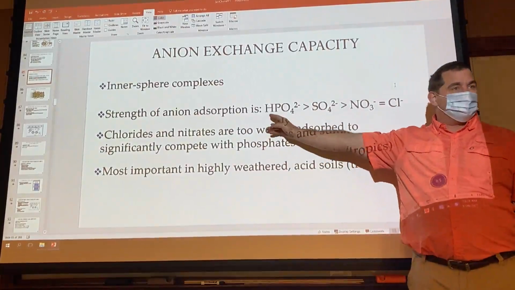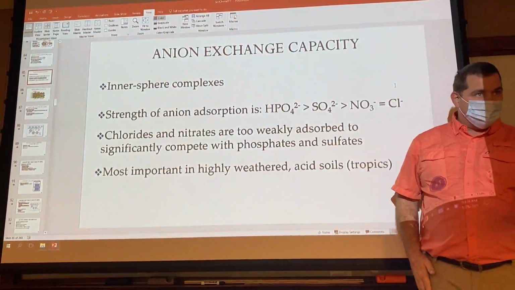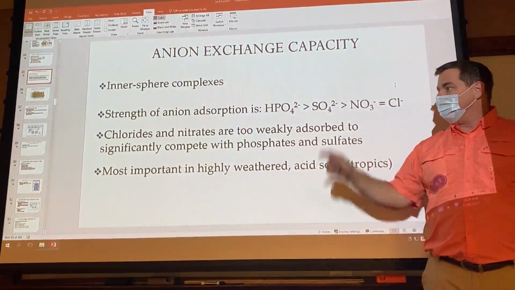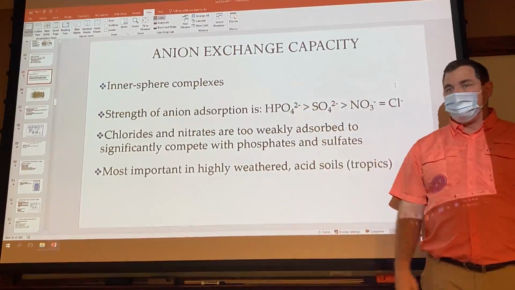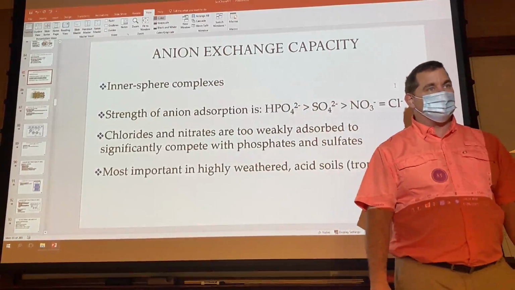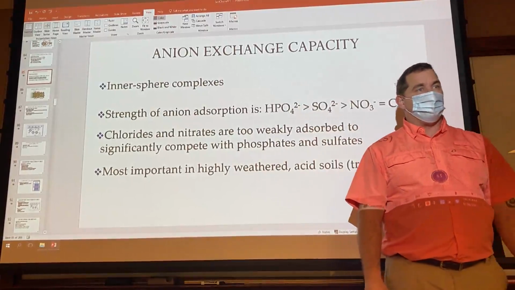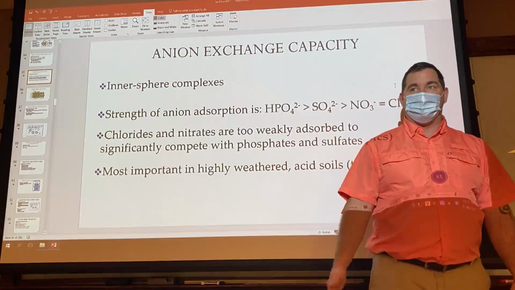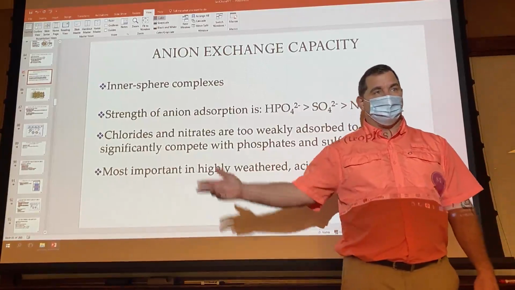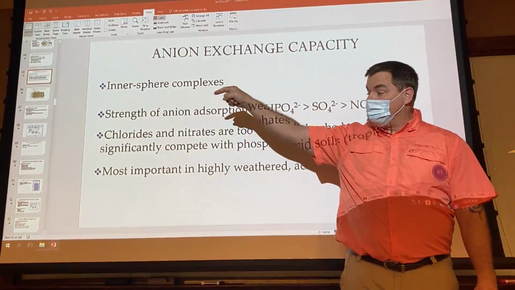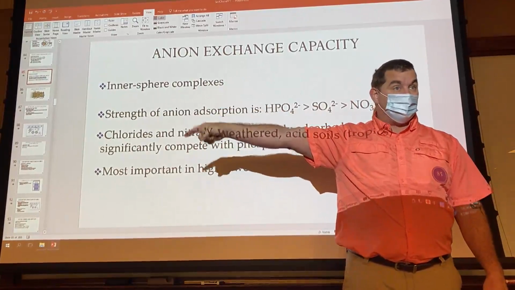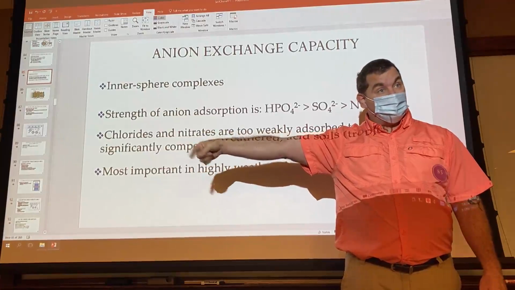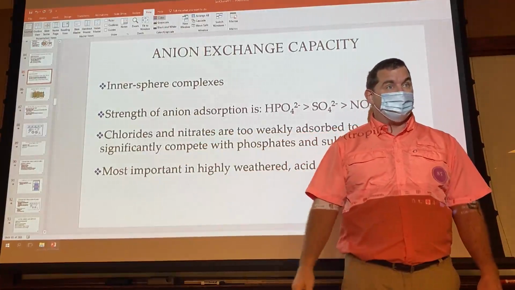But man, when you put phosphorus out, that's why we put it in a band right next to the plant, because if we were to broadcast it and the plant is over there and the diffusion rate of phosphorus is like this, how long do you think it would take for the plant to get this phosphorus, right? Because first, it's got to overcome the bonds of the phosphorus right there, that inner sphere complex. It has to overcome those and then use up the phosphorus that it can.